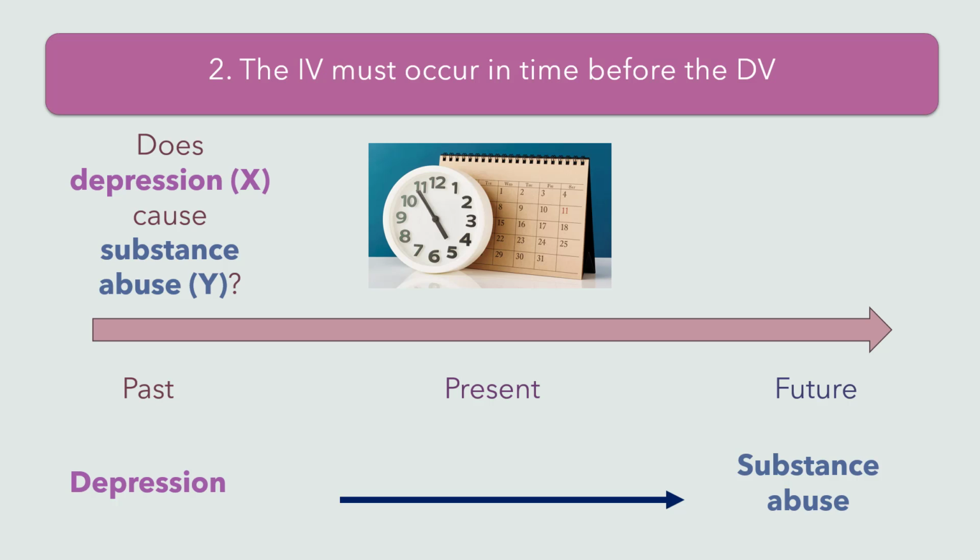But if we look at these 2 variables differently, we can see that for some people, they start using substances first, and then that leads to depression for them. So here in this example, I have to show that the person was depressed first, not that they used substances first and then became depressed. It's that they were depressed first and then used substances, okay?